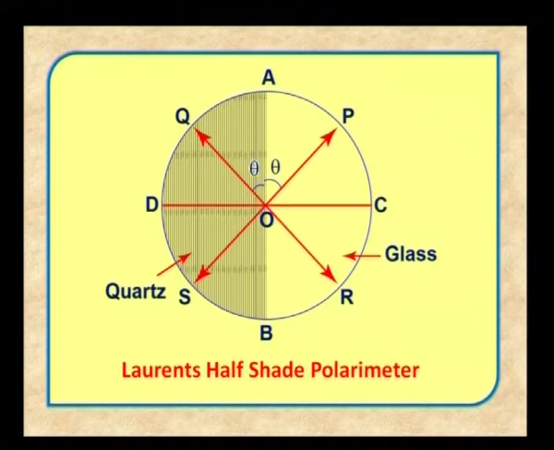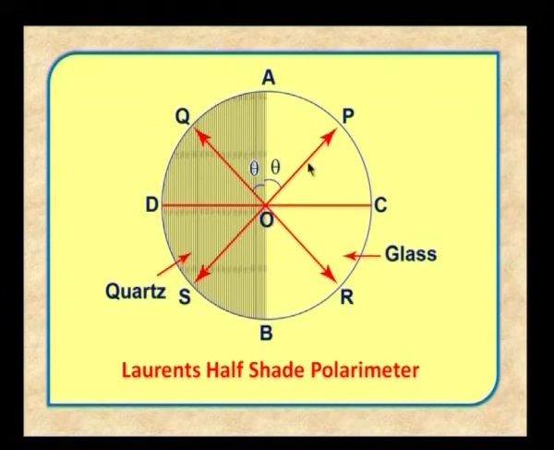The O ray is the ordinary ray, which obeys Snell's laws of refraction, whereas the E ray is called the extraordinary ray. In a short while I will show once again what double refraction is, but the point is a quartz plate is capable of producing double refraction, whereas a glass plate will of course not show anything.